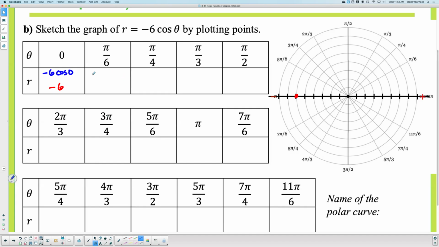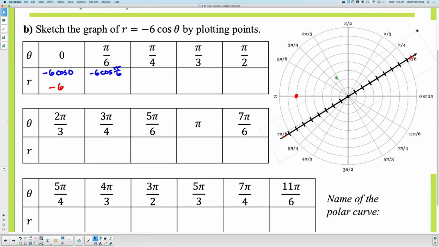The next value, again, if there's the same square roots, you could do the same pattern. I'm going faster. This time, what happens to my x value when I go to pi over 6? It gets smaller, so it'll have that square root of 3 value. You know what, maybe I should write it out the very first time, just to make sure I don't make a mistake. This would be -6 times the square root of 4 over 2.